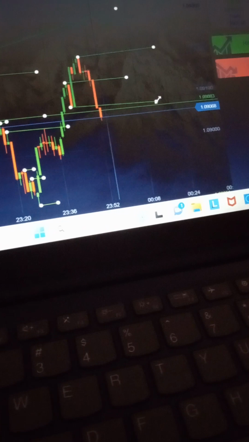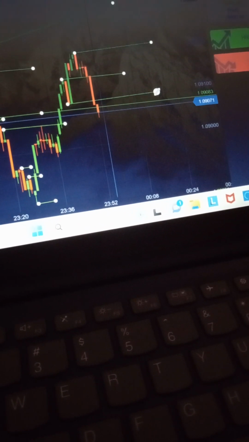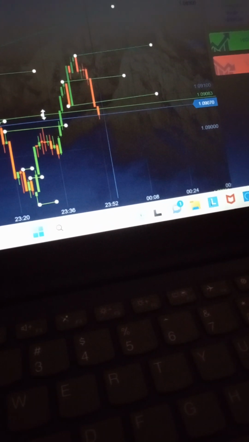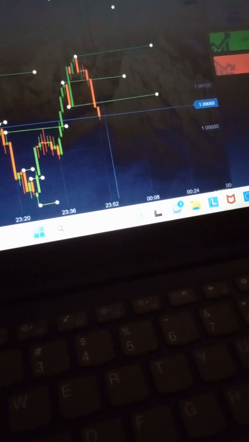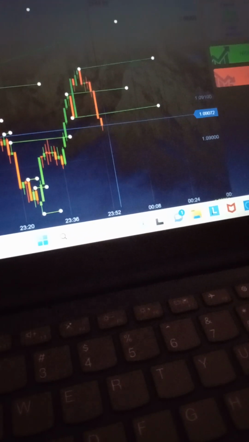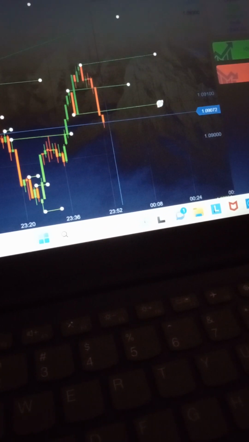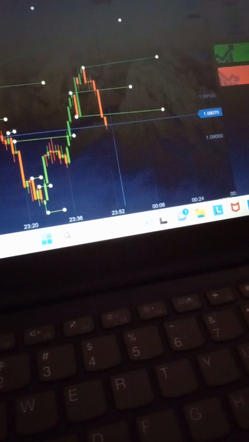So with price being at this level, let me move this right here. With price being at this level or coming back down to this level, I, as a master trader, am going to change time frames.